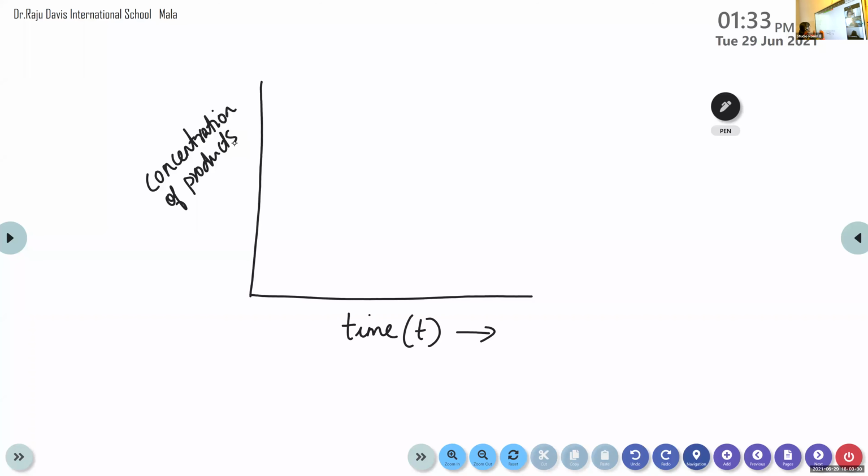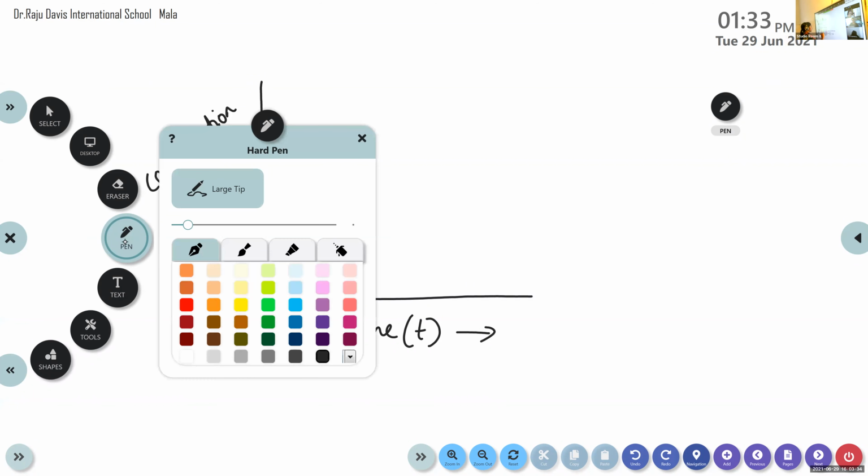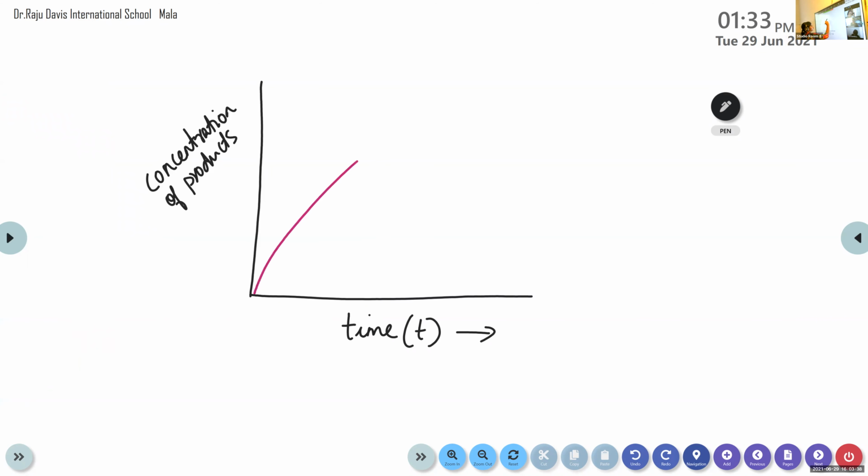So we can draw it like this. Here also we can find out during a particular time interval, this one is T1 and this one is T2.